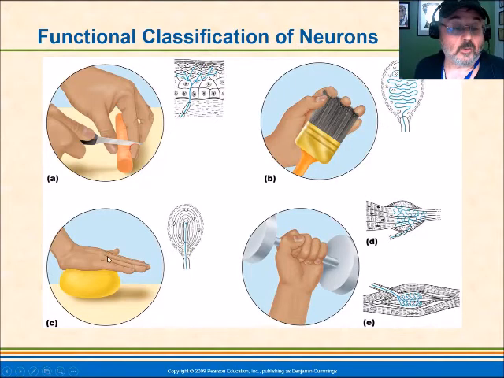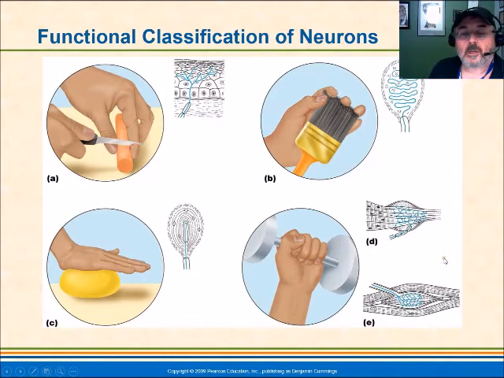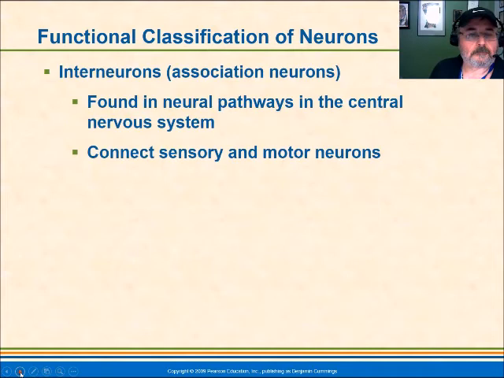We have Pacinian corpuscles, which are also encapsulated, but they are encapsulated by a lot more stuff, so they respond to pressure. And then we have those sensory neurons associated with proprioception, which go into muscles and tendons and things like that.